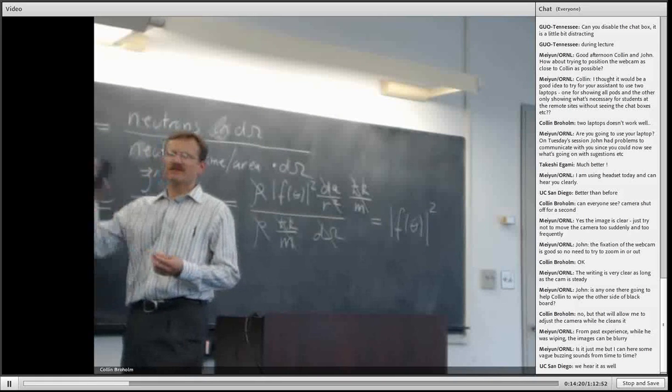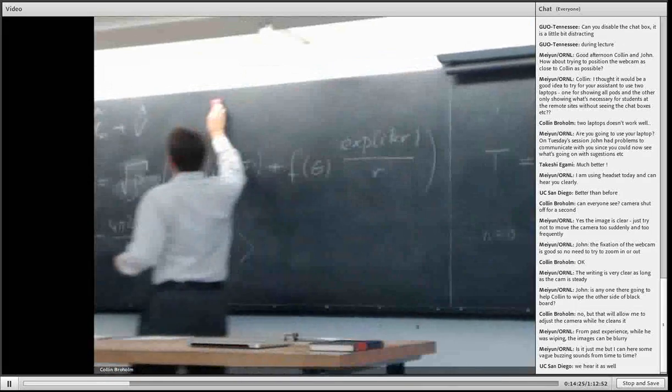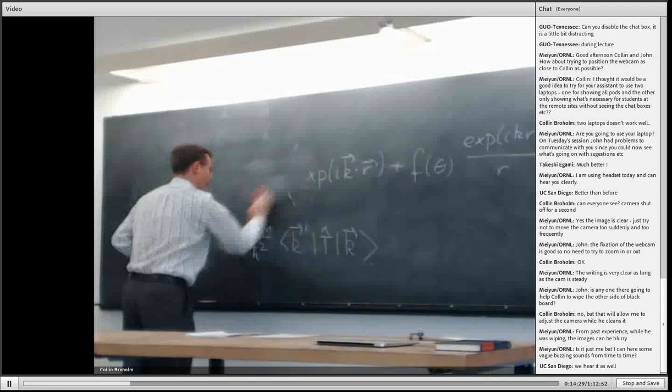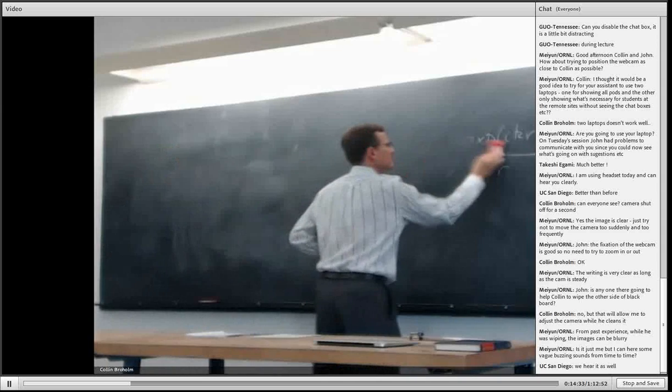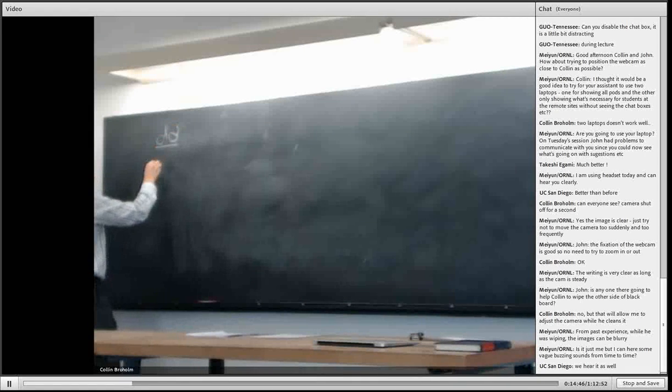So I think I'm going to come all the way over there, and I can now erase this. And I want to spend a little time developing the expression that we now can write down for the differential scattering cross section.